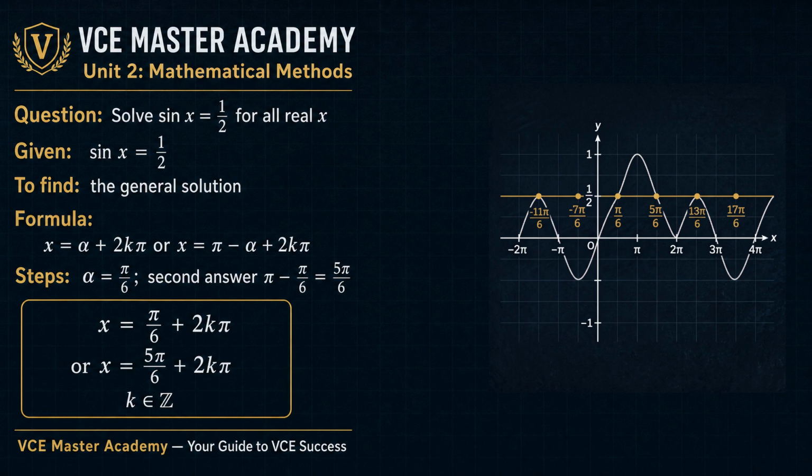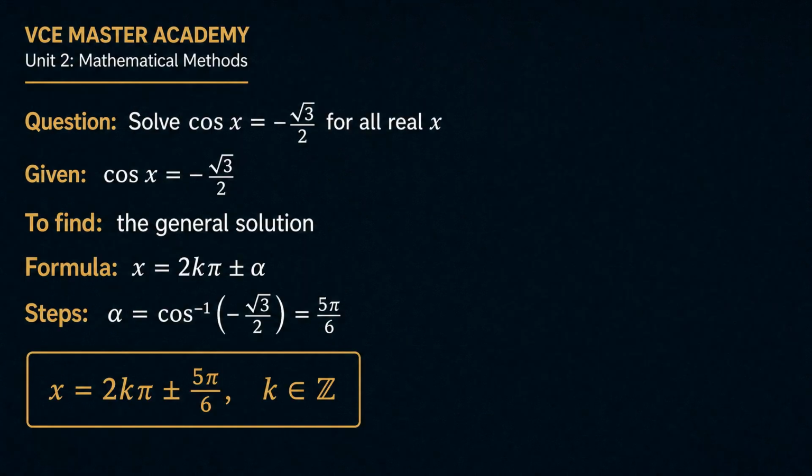Step 4. Add k. X equals pi over 6 plus 2k pi, or x equals 5 pi over 6 plus 2k pi. K is any integer. Now look at the graph. Every gold dot sits in one of those 2 families. Here is the habit. A list of 2 answers is not the final answer. The family is. Example 2.